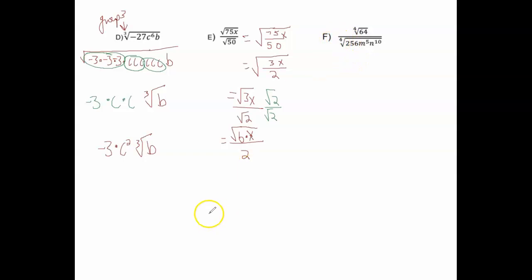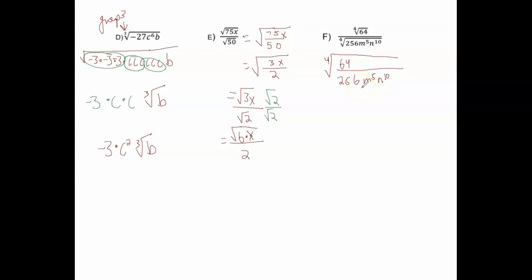Okay, for F, there's a couple ways to think about it. We can write it as one fraction and try to simplify. And it's asking for groups of 4.